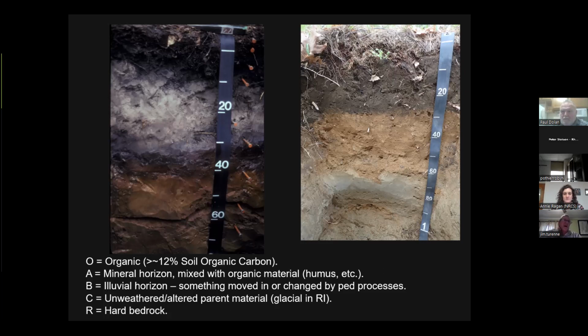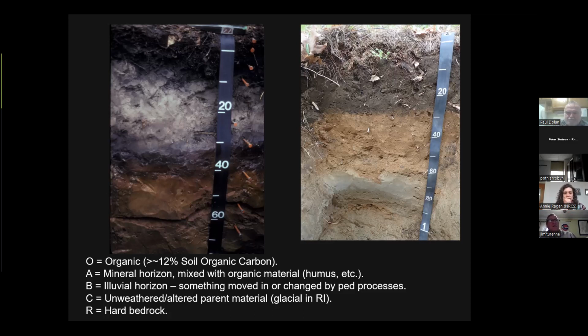The horizon on the left is actually a really wet soil. That has another horizon from about 10 to 30 centimeters. It's called an E horizon. The E stands for eluviation, meaning something has been removed from there. When I think of E, I think of the word exit. Something has exited that, and it moved into an illuvial horizon.